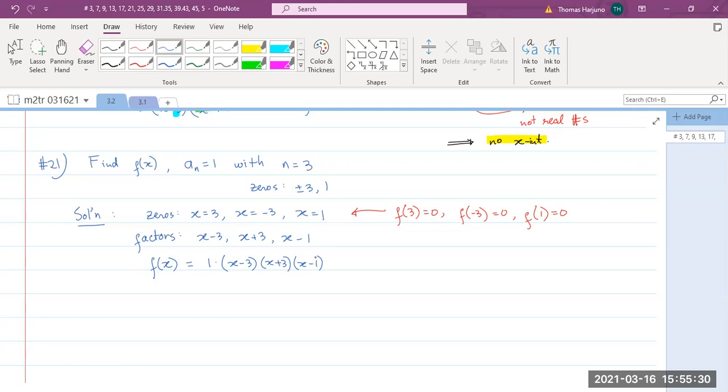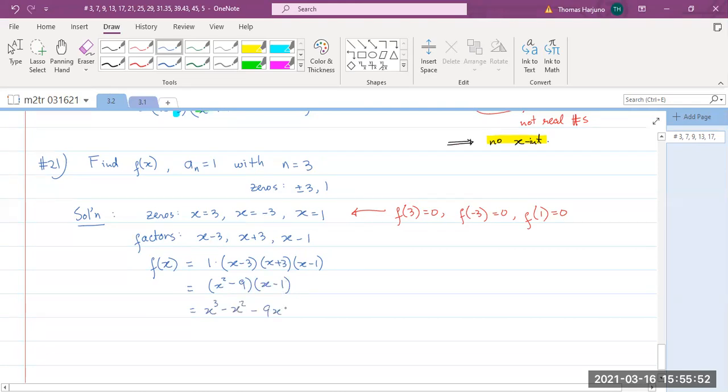If you give me the factors, I just multiply those factors to get the original function. So I go on further. I will just FOIL this. I get x squared minus 9 times x minus 1. That's x cubed minus x squared minus 9x plus 9. That's the polynomial. Now I'm done.